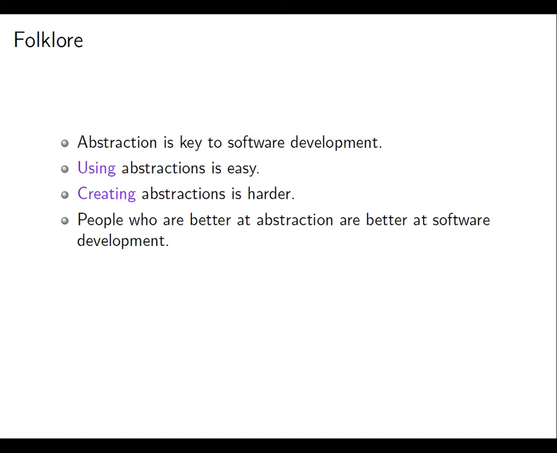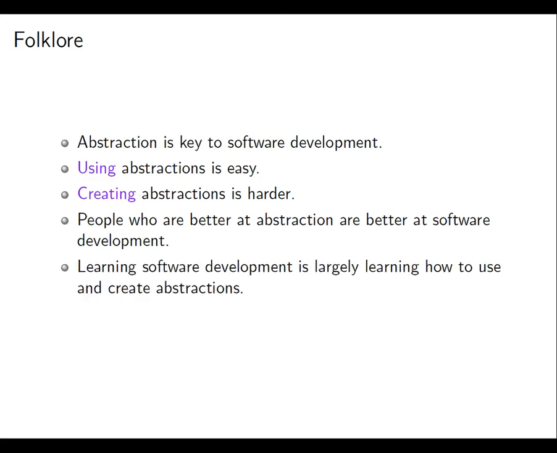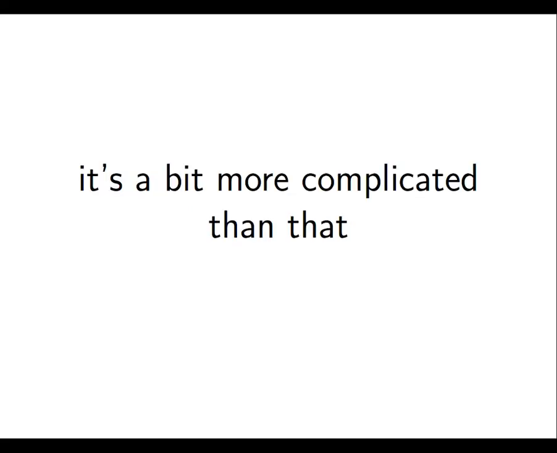And I knew that this is important because people who are better at abstraction are better at software development. And indeed, further, I knew that learning software development largely is learning how to use and create abstractions. And therefore I knew that it's really important for us to be good at teaching these abstraction skills. Well, as so often, it turns out that it's all a wee bit more complicated than that.